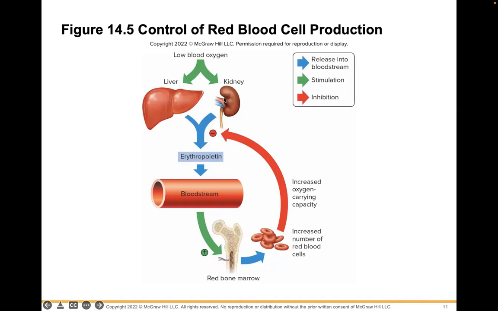That will signal the liver and kidney to release this chemical here, erythropoietin, which goes in our bloodstream, ends up in the red marrow of the bones, signals the red marrow of the bones to make red blood cells. The negative feedback is once the oxygen carrying capacity goes up, we have higher or more normal blood oxygen, then the signal to release erythropoietin from liver and kidney stops.